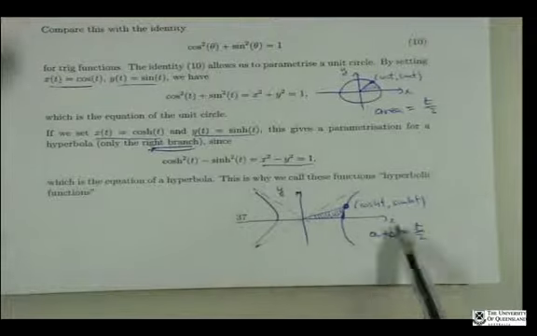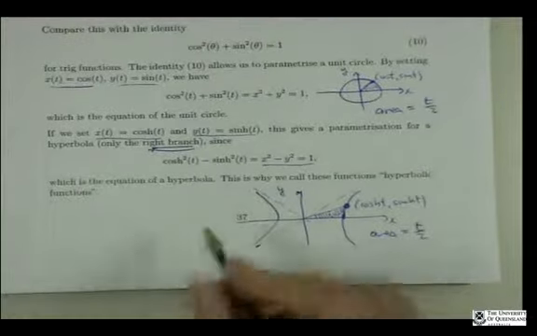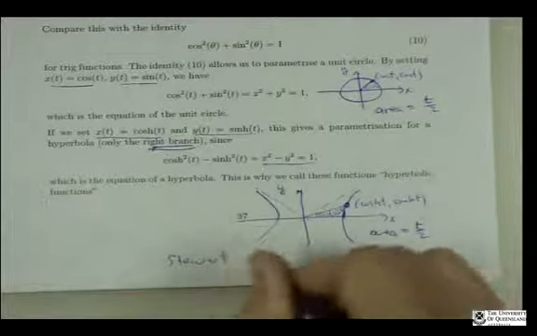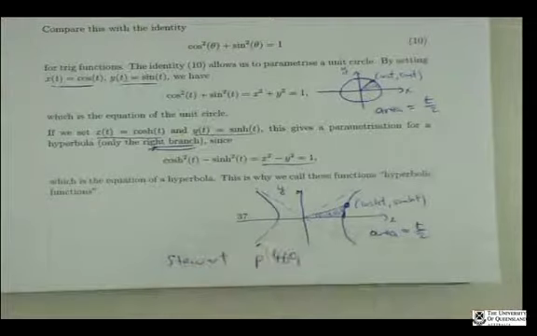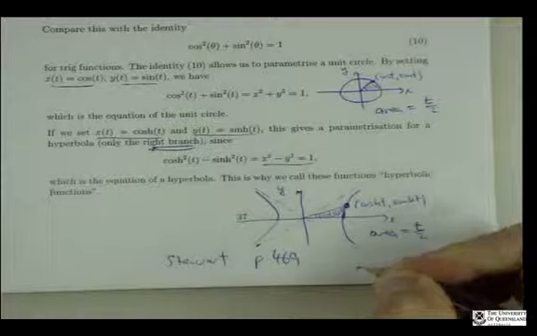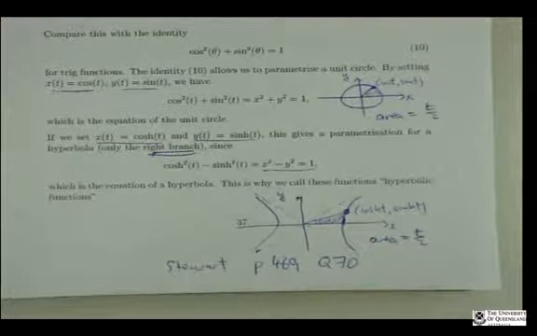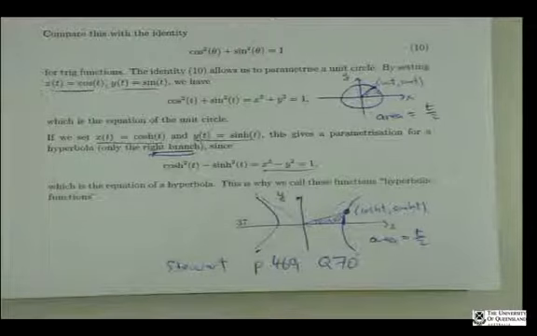Incidentally, the derivation of this result for hyperbolic functions is given in Stewart on page 469. I think it's in one of the exercises, question 70. They walk you through this calculation, so I suggest having a look at that.